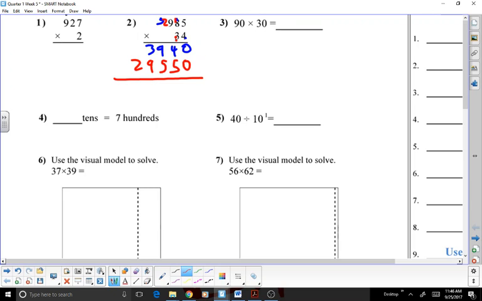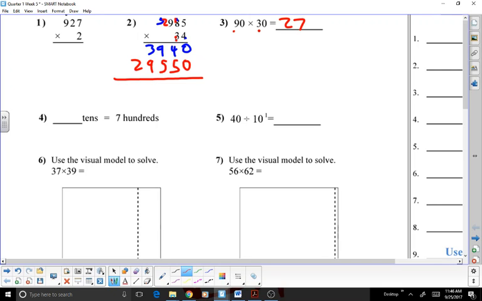As far as number 3, the best strategy I could tell you for number 3 would be to use our basic fact that you see in number 3. What basic fact do you see in number 3? Autumn? 9 times 3. 9 times 3, which equals? 27.